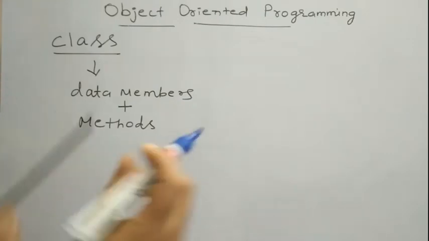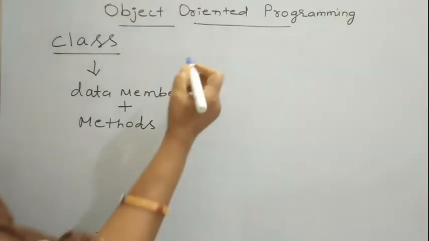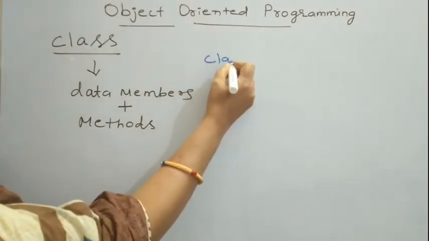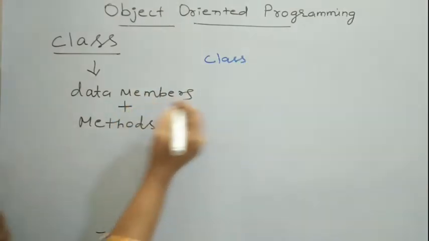If I want to define a class, the class definition starts with the keyword class followed by the name of the class.